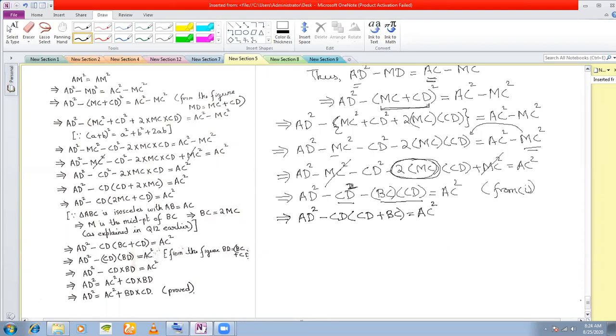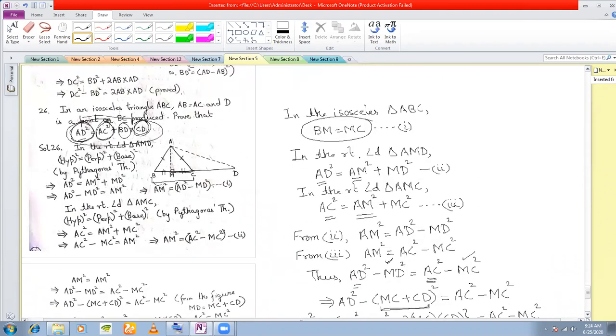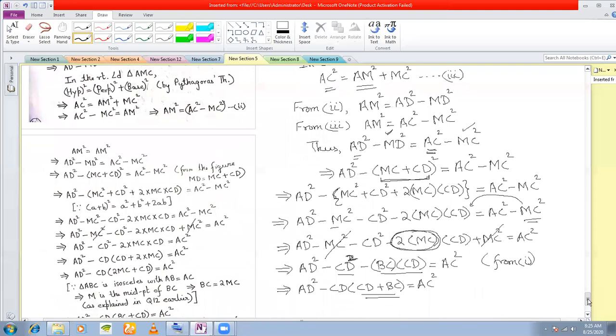Now I look at the figure. What is this CD plus BC? CD plus BC is nothing but this entire BD. So instead of BC plus CD, I'll write BD.